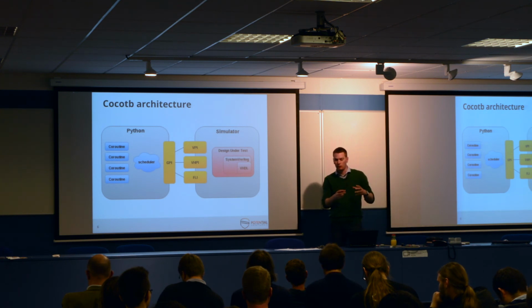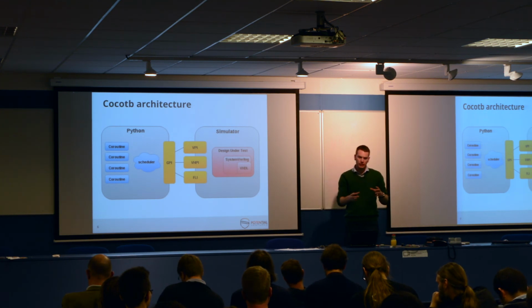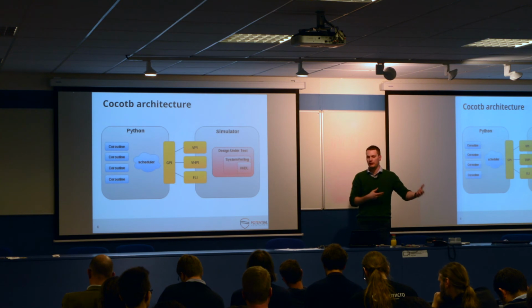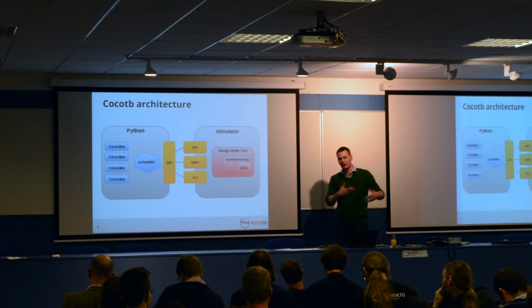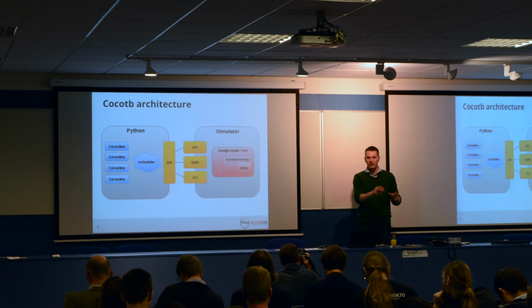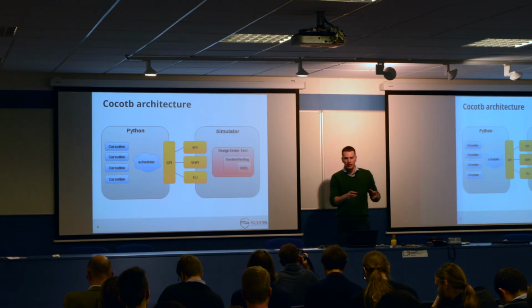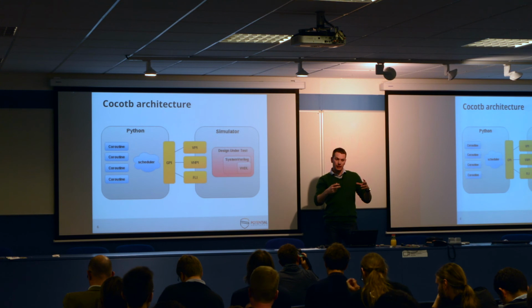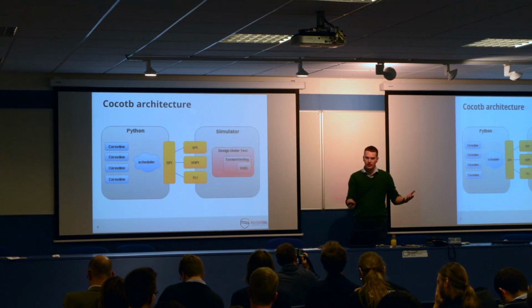You have some kind of model of the system, which you use to equivalence check the simulation versus your expected behavior, and then you have functional cover points which define certain areas of the design that you want to exercise. So your scoreboard is effectively comparing your design against your model.